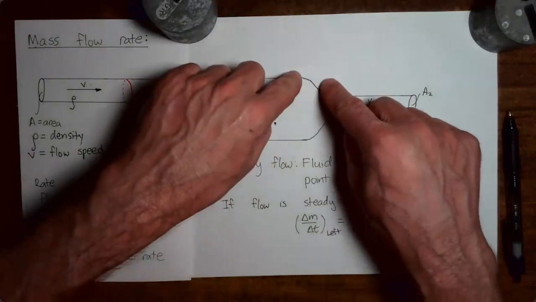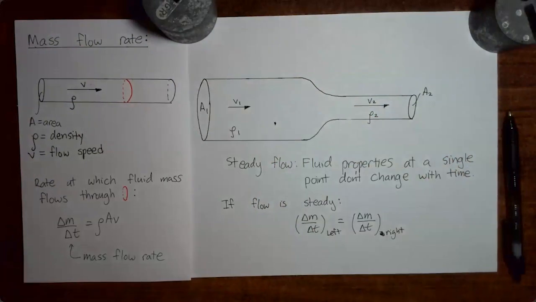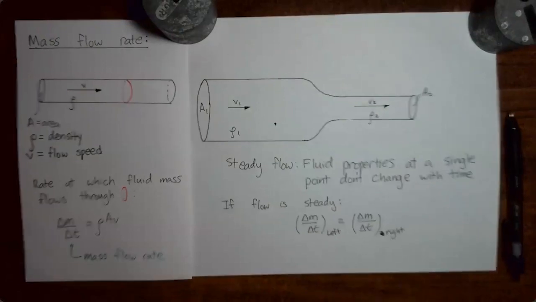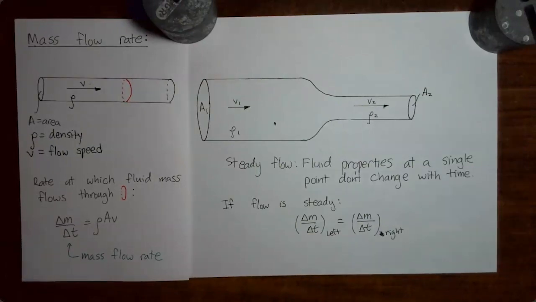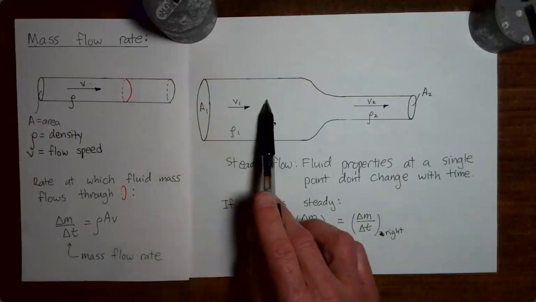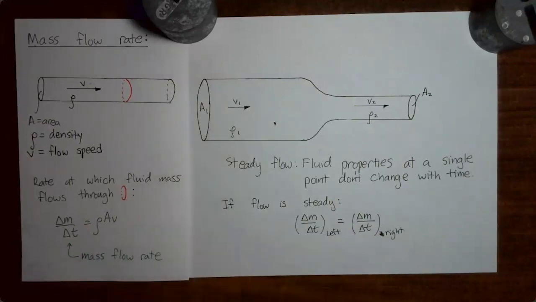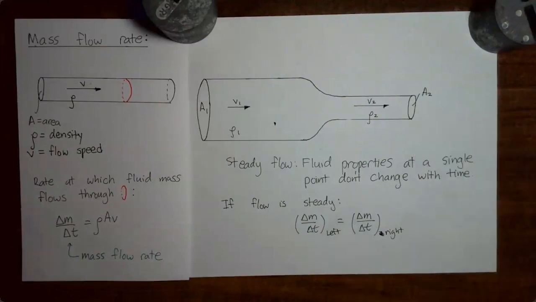And if that 1 kilogram per second was accumulating somewhere in the interior, that would mean that the density increased. If the density did increase, that would mean that the flow is not steady. So in order for our flow to be steady, the rate at which fluid mass enters on the left must equal the rate at which fluid mass leaves on the right.